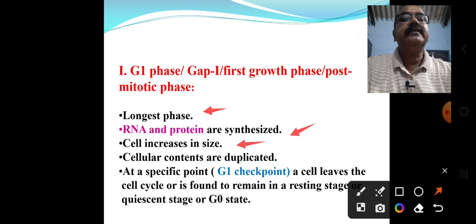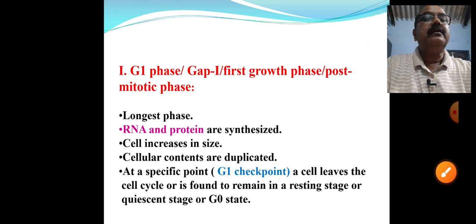The cell increases in size, cellular contents are duplicated, and there is the point where the cell decides whether it will continue for the cycle or take rest, and this point is known as the G1 checkpoint. At that point, the cell leaves the cell cycle or remains in a resting stage or quiescent stage or zero state and never passes to the cell division.